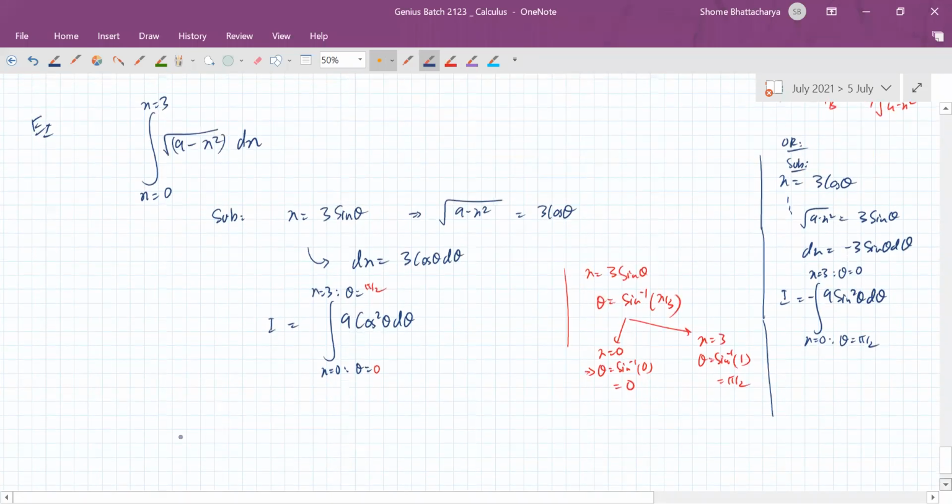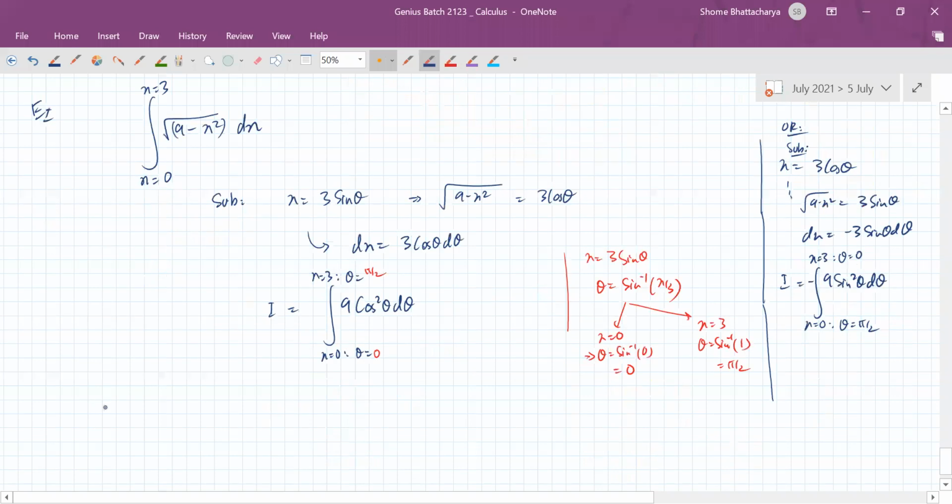Now remember the trick we had discussed, that integration of cos square theta is integration of 1 plus cos 2 theta by 2. Make use of that integration.